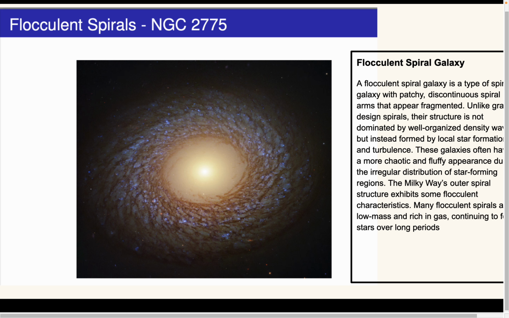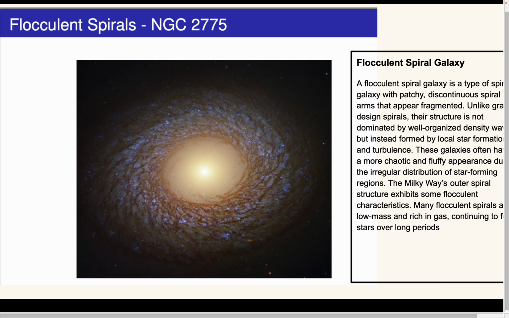Unlike grand design spirals, their structure is not dominated by a well organized density wave, but is instead formed by local star formation and the effect of local turbulence due to the gas in the disk. Flocculent spiral galaxies often have a more chaotic or fluffy appearance due to their irregular distribution of star formation regions.